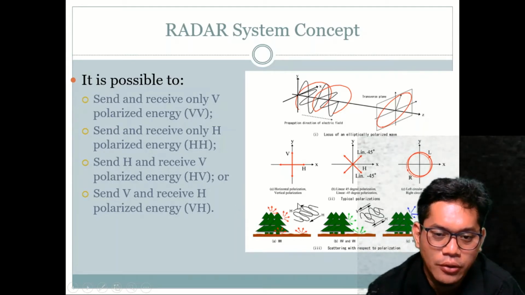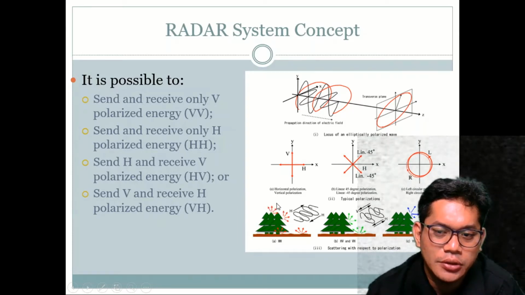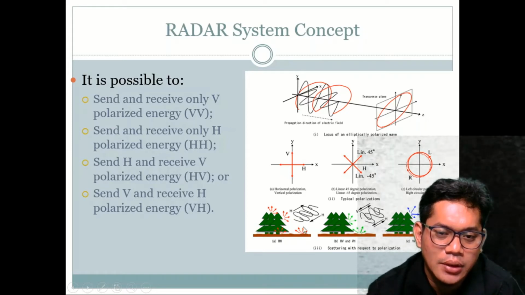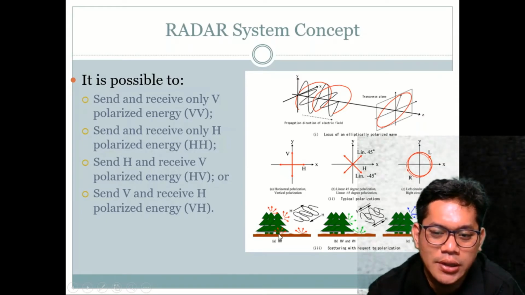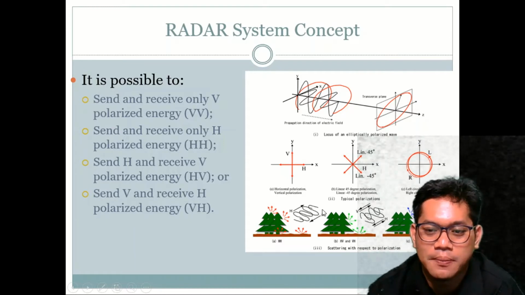So here, horizontal energy is usually quite susceptible, it is able to go for the surface, okay, and the moment it detects, it will go back in the horizontal, and what it will sense is the surface and the surface of the canopy.